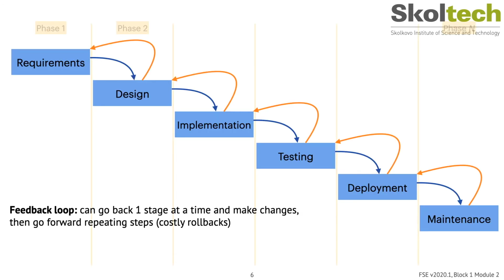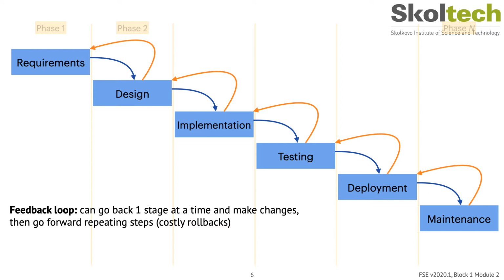Of course, it's easy to imagine including a feedback loop injected into this model, as one might encounter problems during one of the stages. For example, if you encounter an issue during the implementation that you can't resolve, what you do is you basically go back one stage, that is to the design stage, and you make changes until they are resolved.